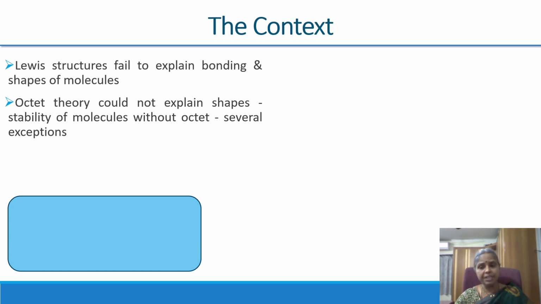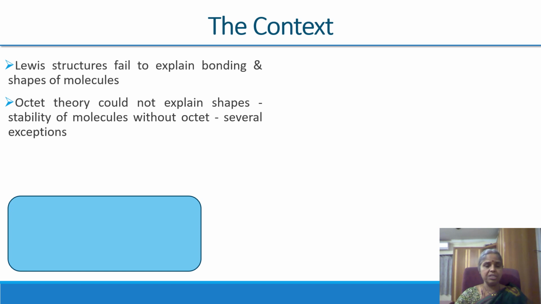Octet theory. Of course, the Lewis structures are written based on the guiding principle of an octet number of electrons, but this theory also could not explain shapes and stabilities of molecules. Octet theory does not explain the shapes of molecules.